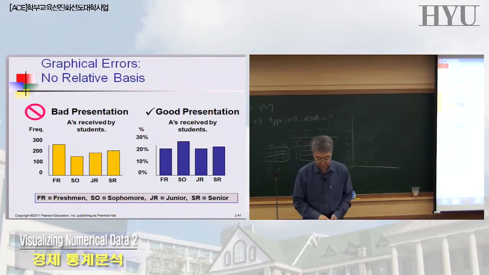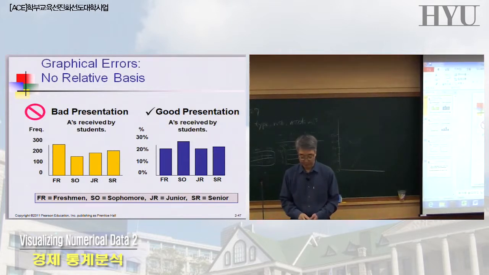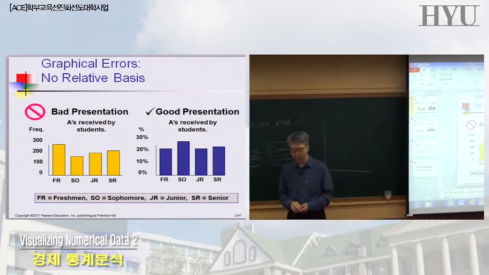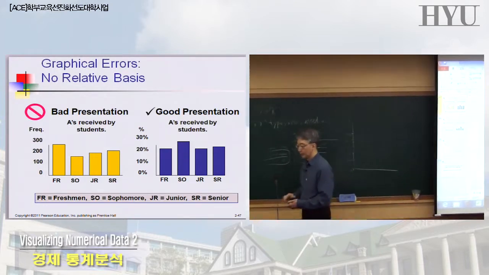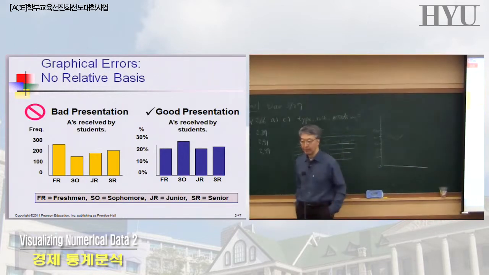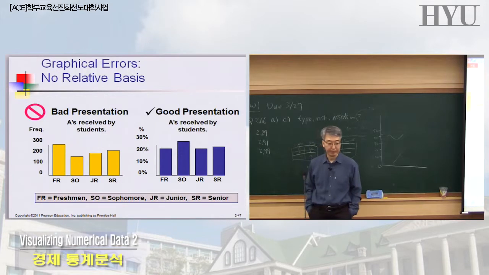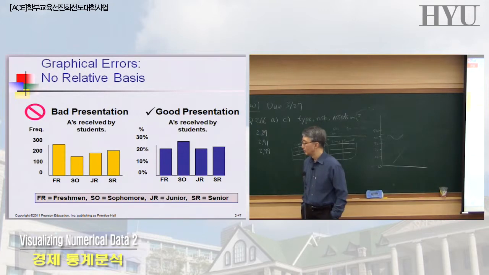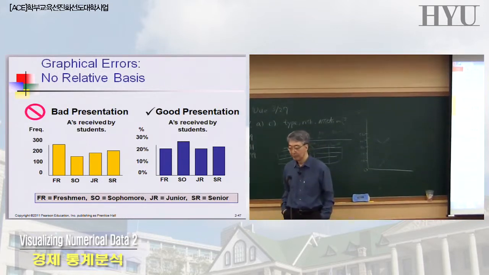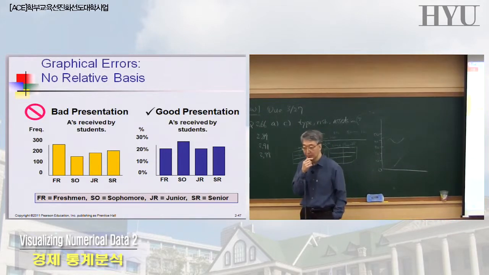And what about this? Why is the first one bad and the second one good? What's the difference between the two graphs? I think you have an idea.